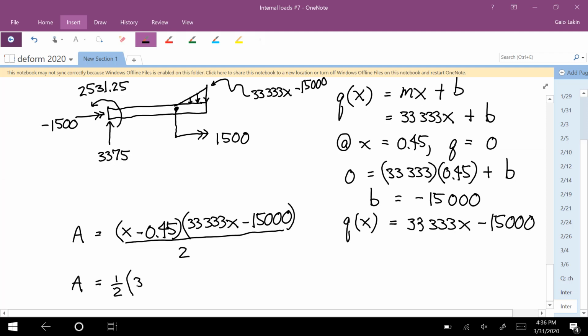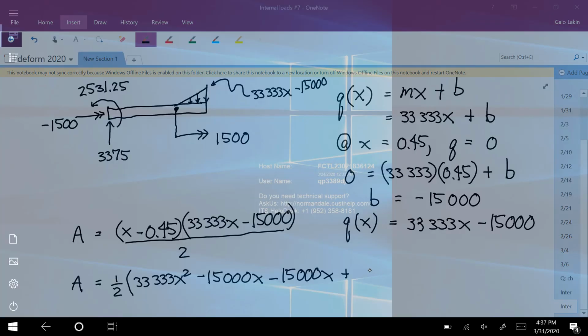So we have 33,333x squared minus 15,000x minus 0.45. Oh, that's minus 15,000x. And then plus 0.45 times 15,000 is 6750.